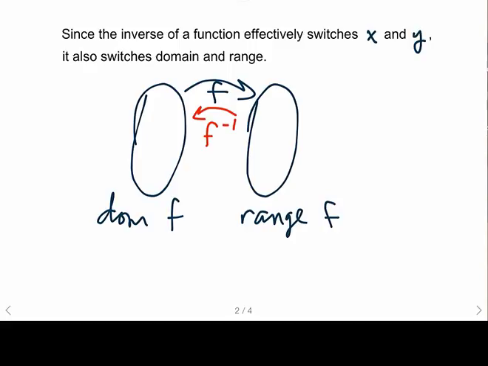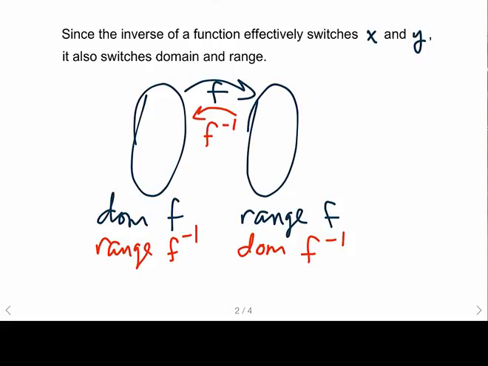For any output, we can figure out what the input is. That being the case, the inverse takes items from the right set and puts them into the left set. And so the range of f, which is on the right, turns into the domain of f inverse. And the set on the left turns into the range of f inverse. So not only are individual ordered pairs x and y switched, but the entire set of x's and the entire set of y's is switched.